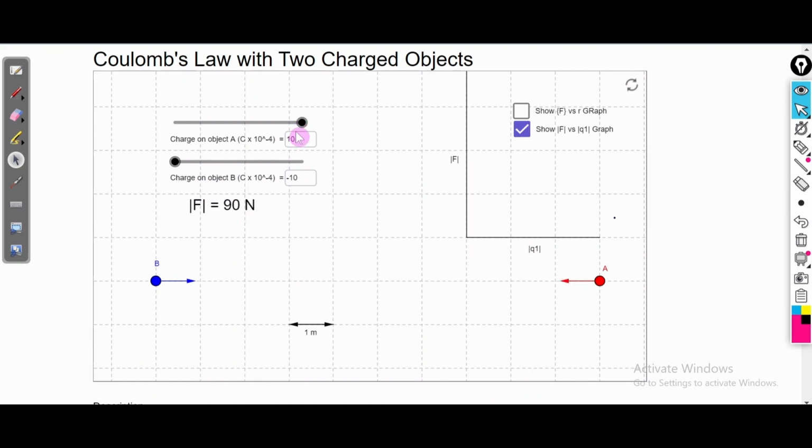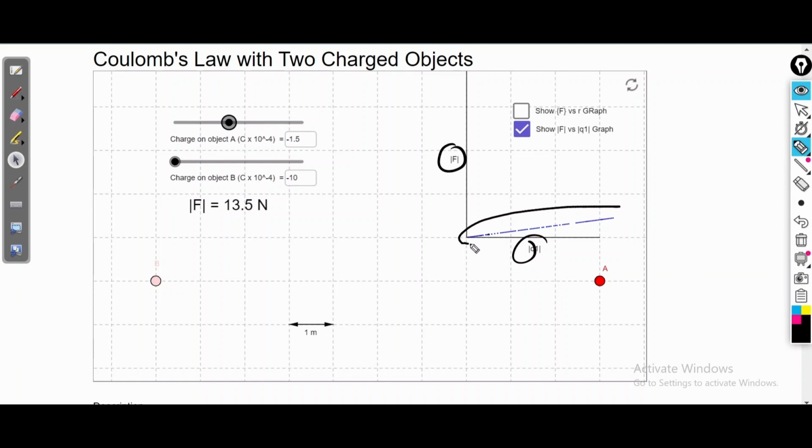So we can see that as I decrease the charge on the objects, the force also decreases. And this is the graphical representation of the relation between the force and the charge.